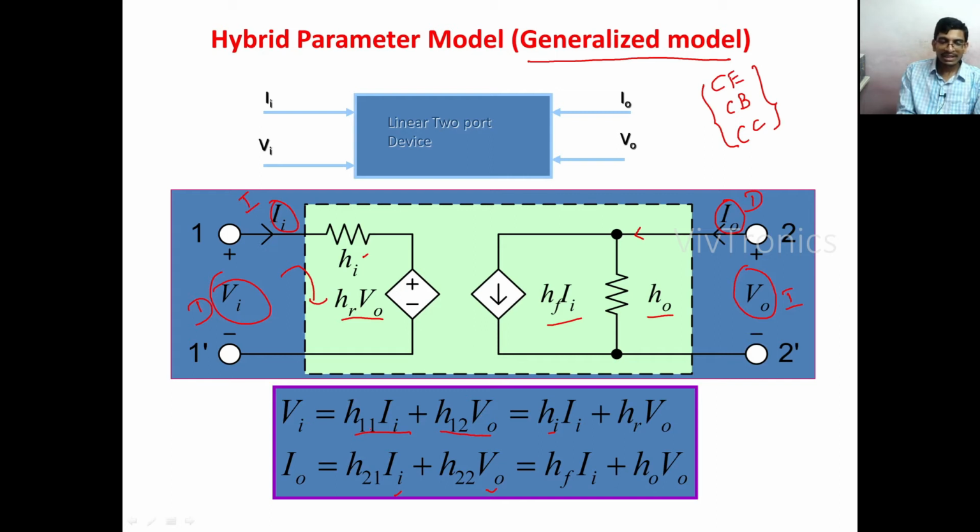Here H11 can be written as Hi, H12 as Hr, H21 as Hf and H22 as H0.